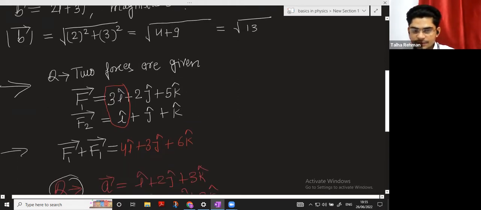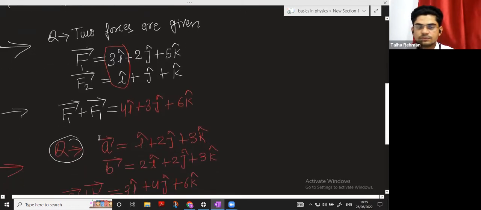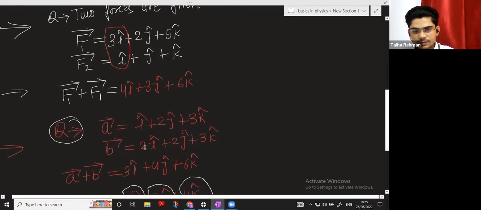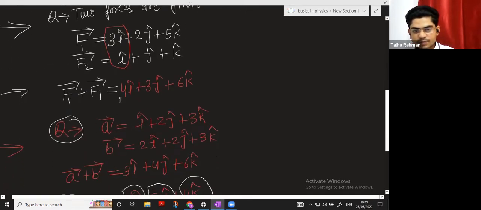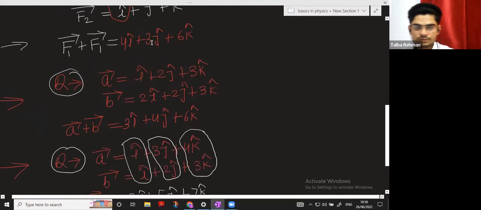And if we add these two vectors, this will be the answer. 3 plus 1, 4. This is simple addition like in 8th and 9th class. But the difference here is that here is i cap and j cap and all that. Due to that, you are getting confused. But no problem.